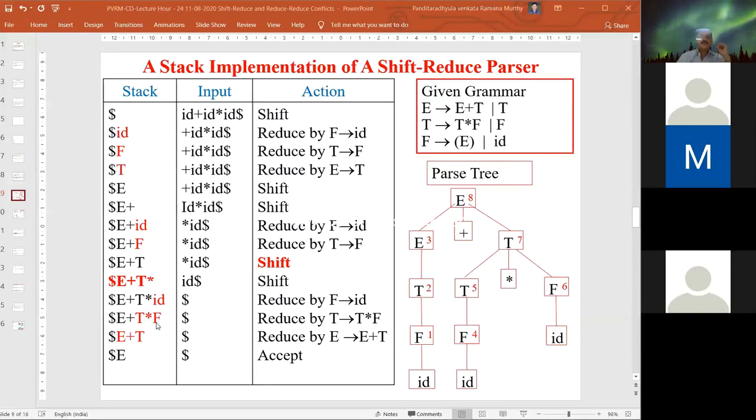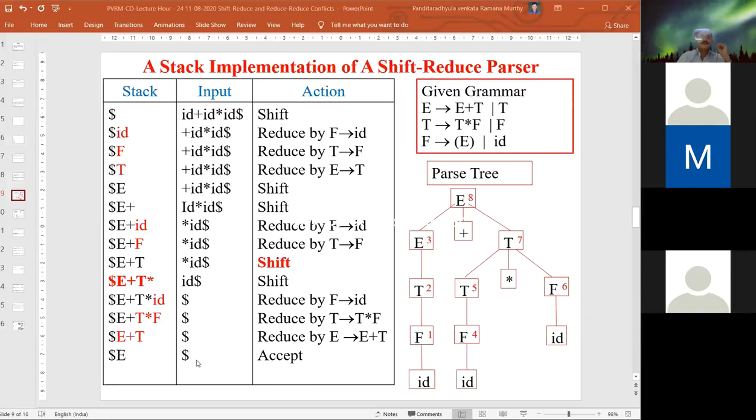We identified T into F. T into F is also a valid handle, because on the right side of T there is the T into F production. So we reduced this T into F to T. So we got E plus T. Then E plus T is finally reduced to E. We can identify E plus T as a handle using the first production, so E plus T becomes E. Finally, it is the starting production E, and the input string doesn't contain anything except dollar.